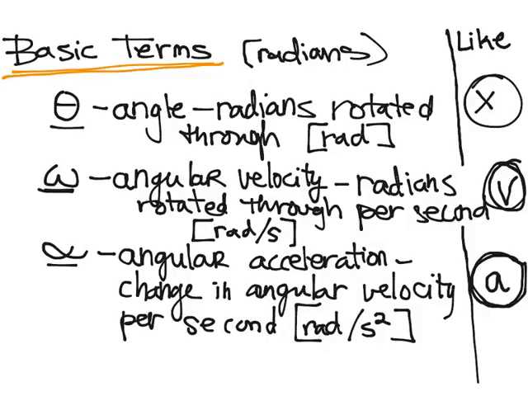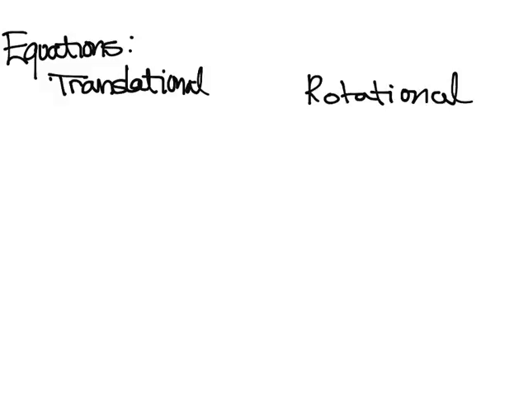So I'm going to go ahead and write our normal translational equations that we're used to. So we're used to x equals x naught plus v naught t plus 1/2 a t squared.